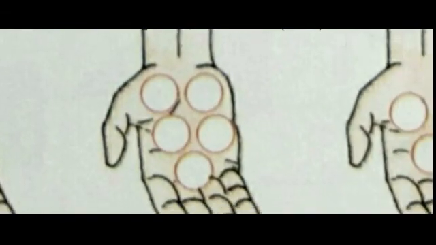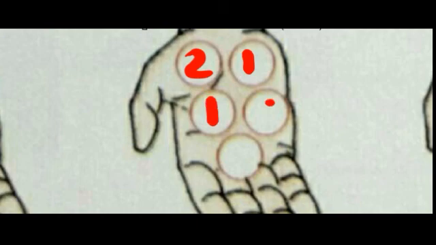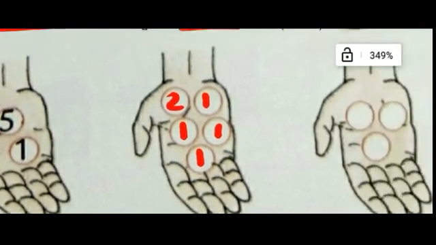So first we can use a 2 rupee coin, then 1, 1, 1, 1. If you use 4 1 rupee coins, in total it will become 6 rupees. See, 2, 3, 4, 5, 6. Clear? Okay, let's see the next one now.